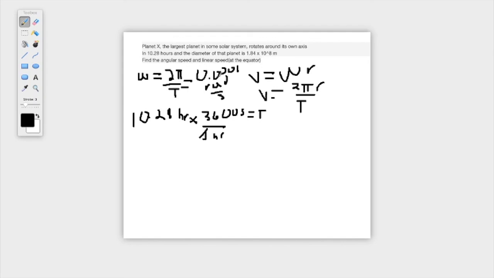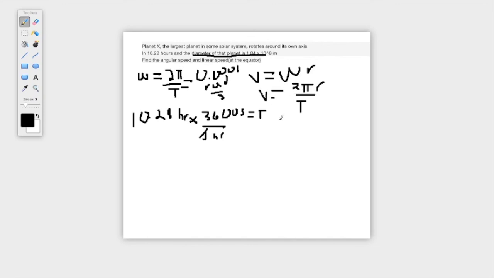Because linear speed is angular velocity times radius, we can just take this answer and multiply it by r. But they give us the diameter, so what we can do is simplify this and divide by 2.